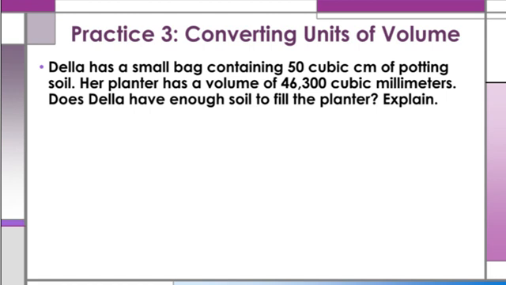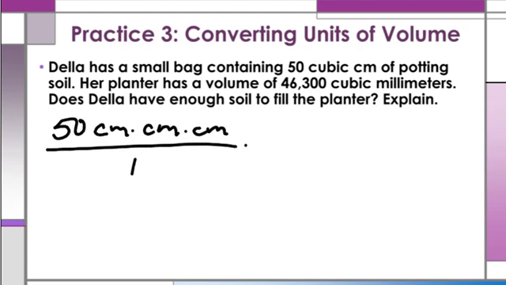I'm just going to convert the 50 cubic centimeters to cubic millimeters. So I'm just going to write cm times cm times cm all over 1. And I know there are 10 millimeters in 1 centimeter.